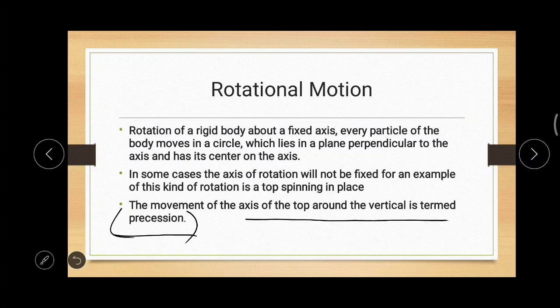That point is fixed only. There is no change in the case of the point. That means there is no translational displacement happening, but the orientation of the axis is changing continuously. And the vertical formation which is formed due to the orientation of the axis, or the change of the position of the axis, is known as the precession.